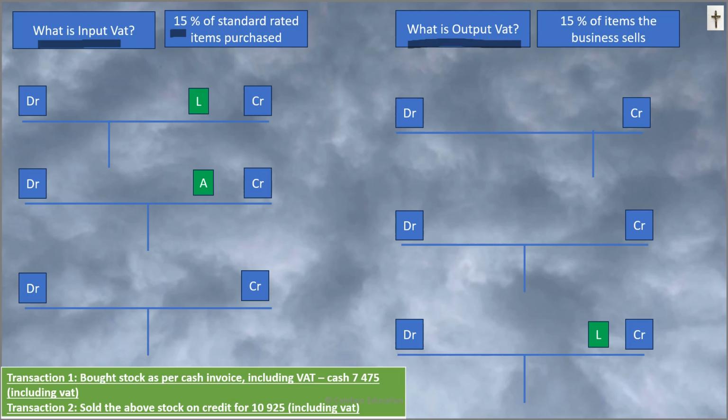So I'm going to look at two transactions to demonstrate input and output VAT. The first transaction, we bought stock as per invoice from a VAT vendor, so we can claim input VAT. We paid cash and the amount was 7,475.